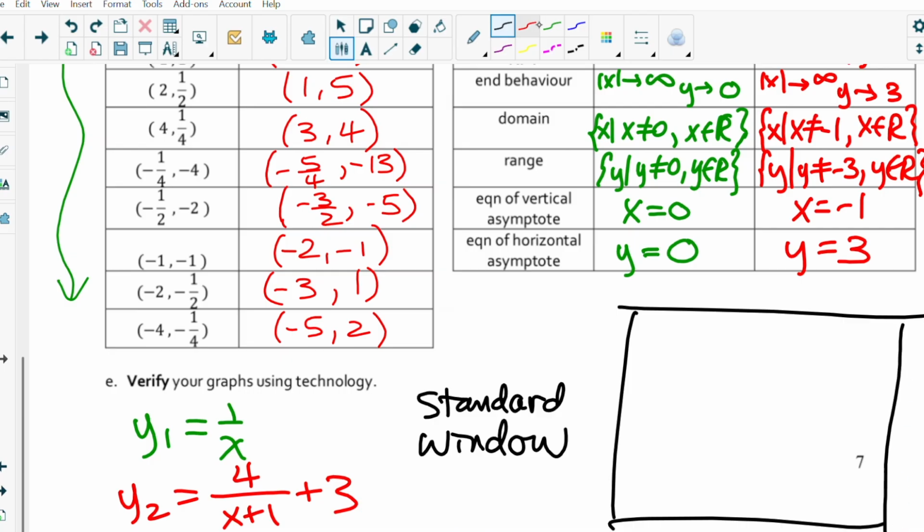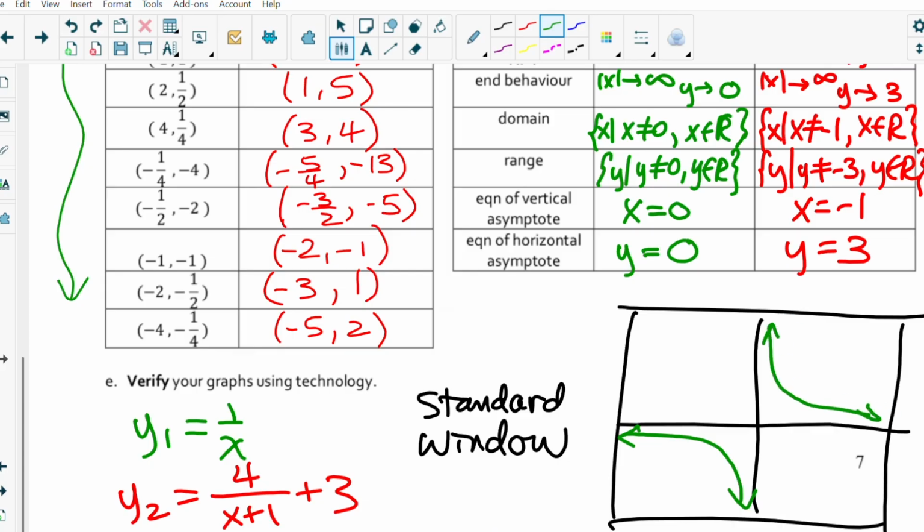The green function, there it is, and then the red function, I'm going to go up at 7 here, and negative 7/3.